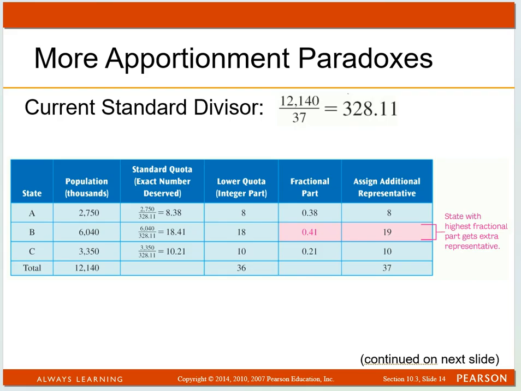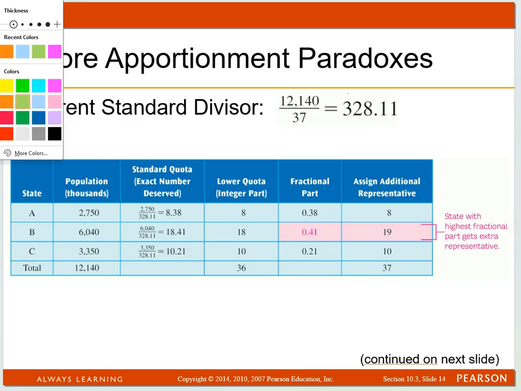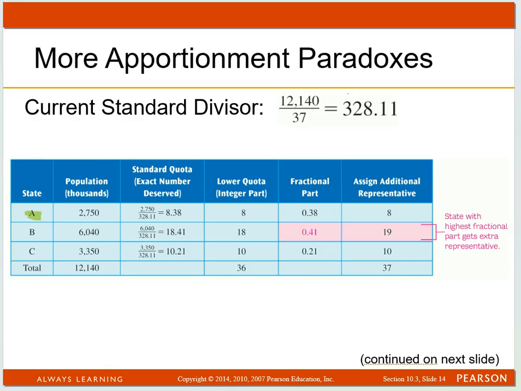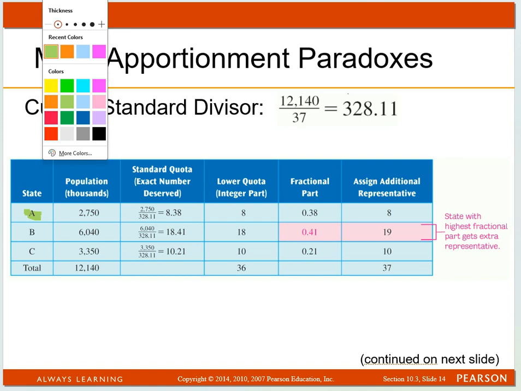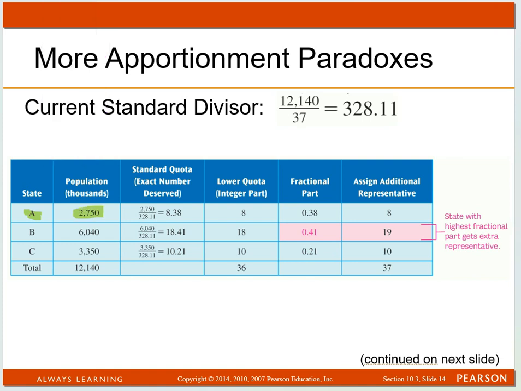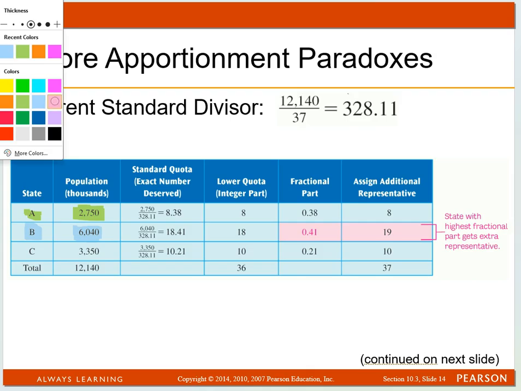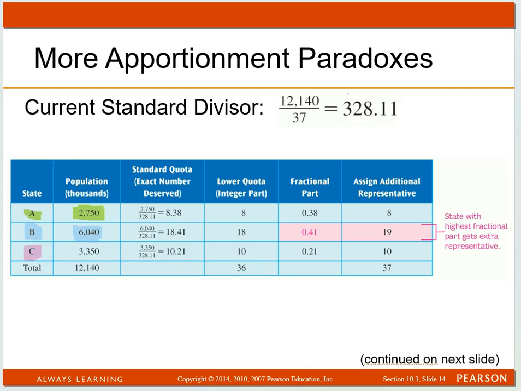So we got 3 states here. We got state A, which has this many people, and then state B, which has this many people. And again, it's in thousands, which I really think it's in millions, but that's so weird.